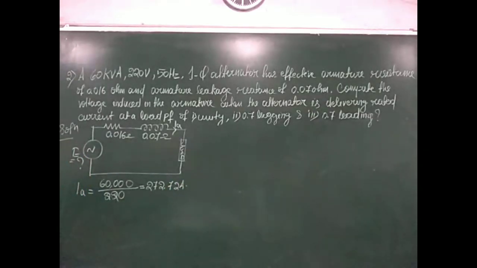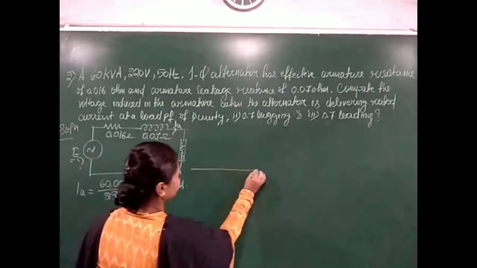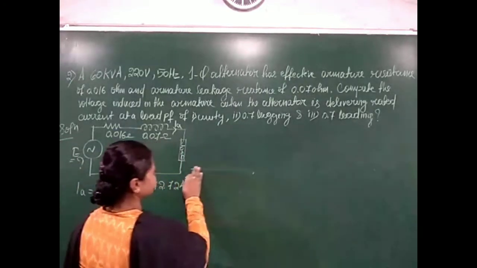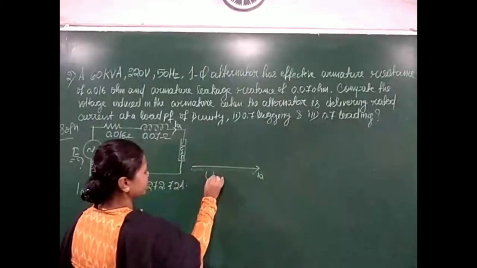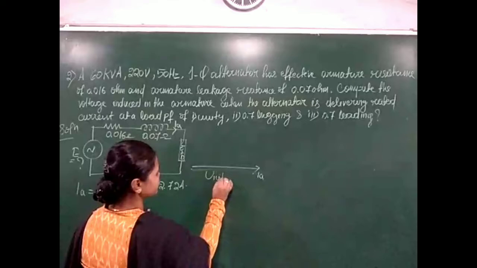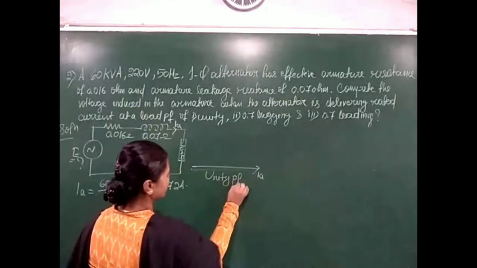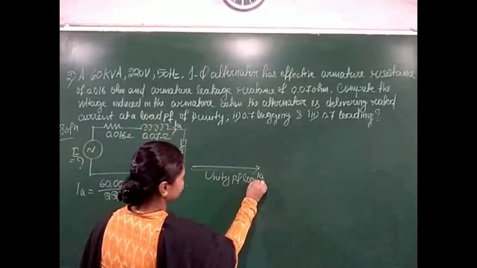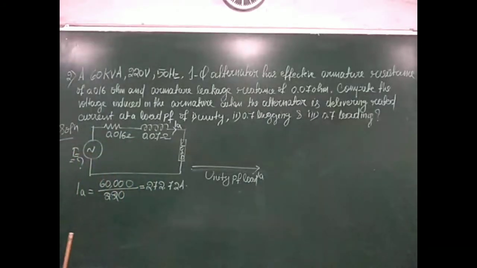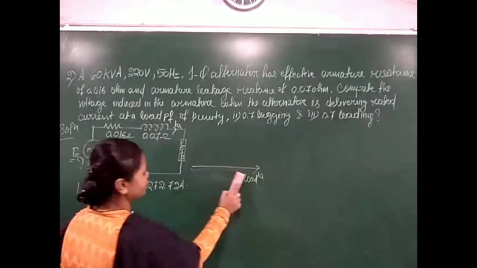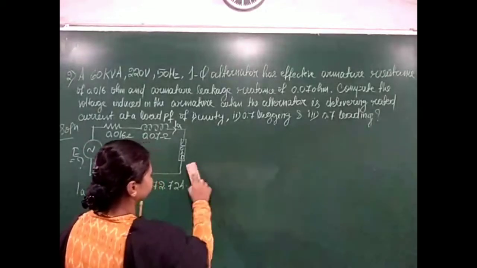Now you take IA as the reference phasor. Here I draw the phasor diagram for the first case, unity power factor load.